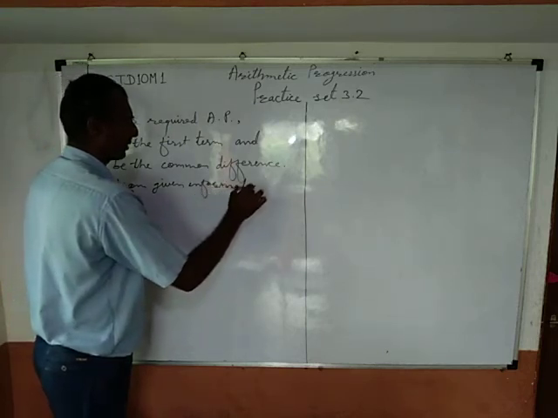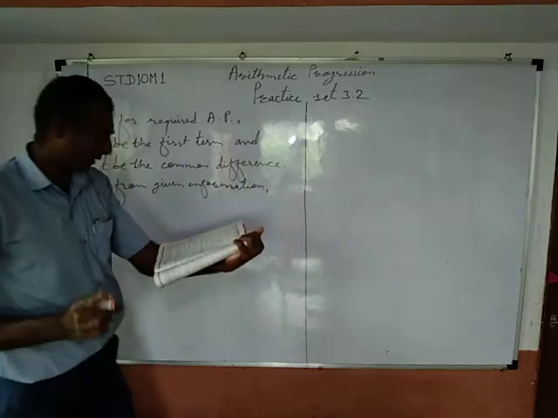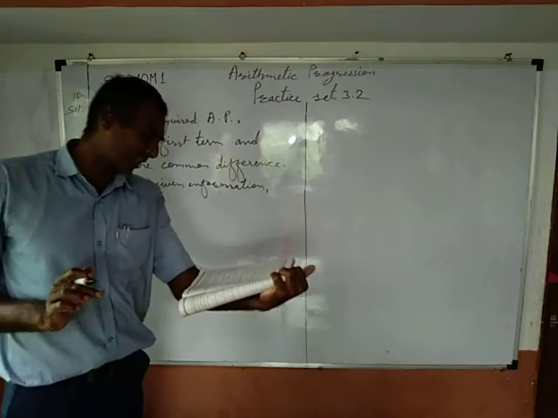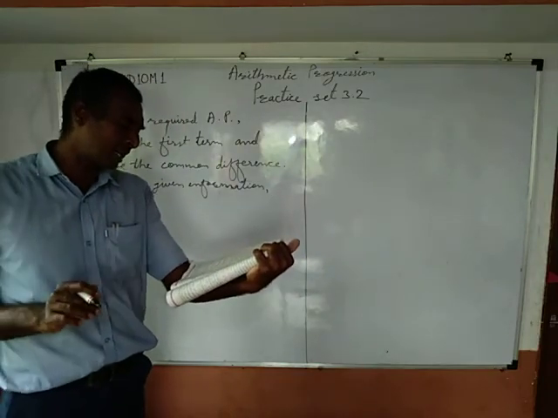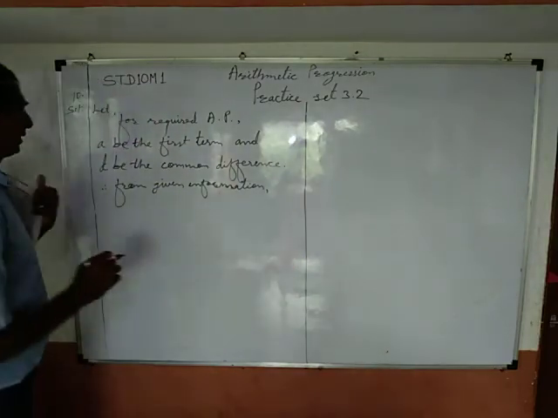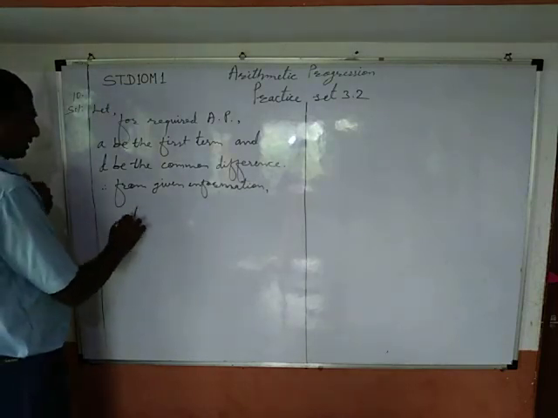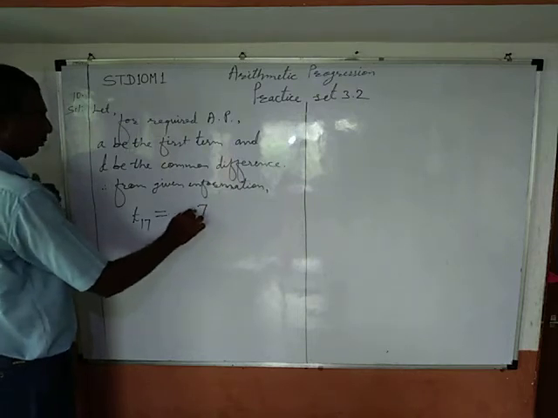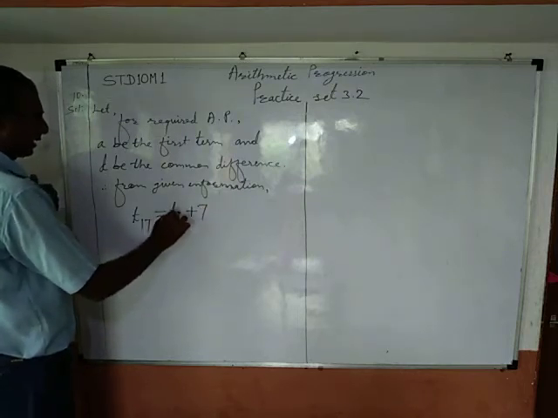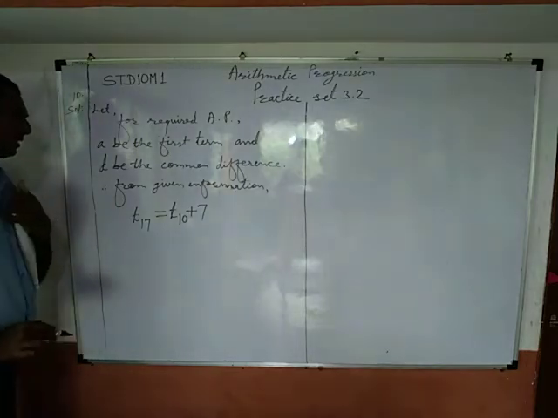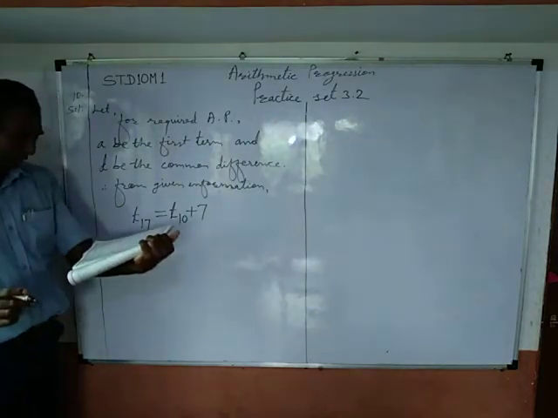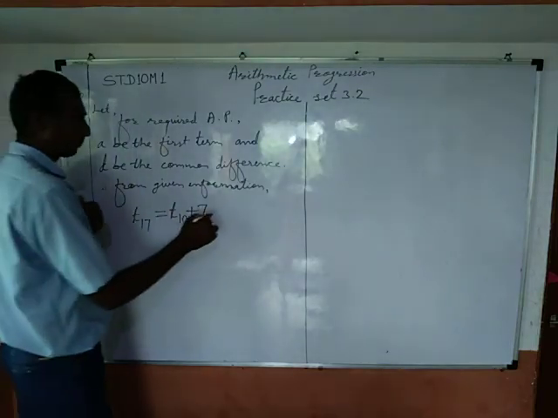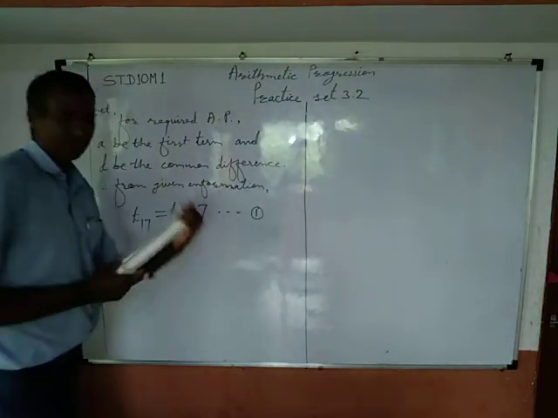In an AP, the 17th term is 7 more than its 10th term. 17th term means T17 is 7 more than the 10th term, so T17 equals T10 plus 7. Okay, let's call it equation first.